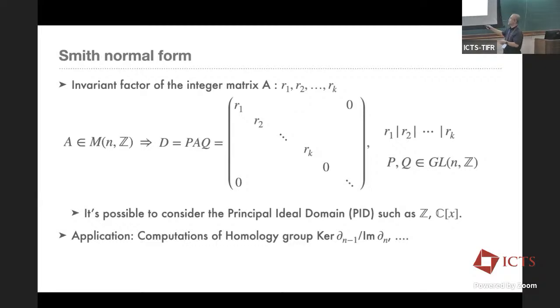R1, R2 are all integers, R1 divides R2, R2 divides R3, and so on, and then zeros appear. These R1, R2, up to RK are very important, for example, in making Jordan blocks or homology groups.